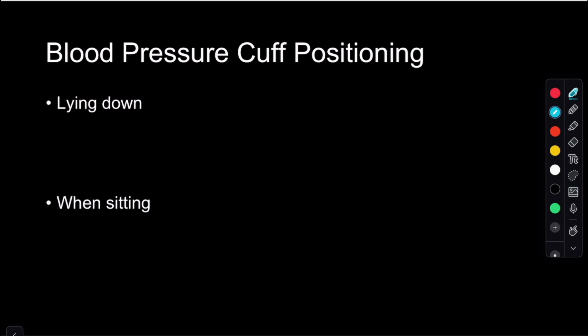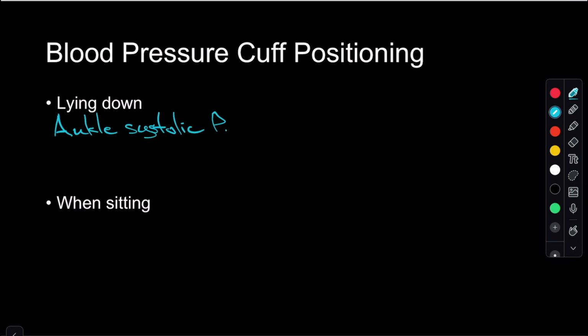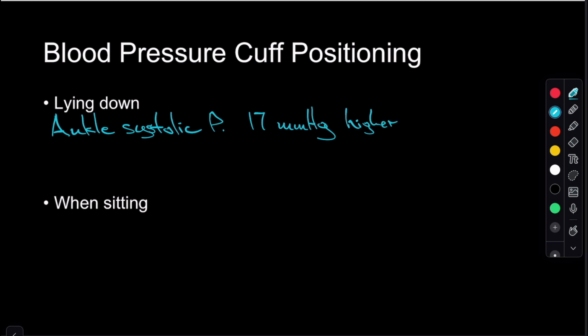Blood pressure can be affected by the position of the blood pressure cuff. So Nature released a review comparing blood pressures that were taken on the arm to blood pressures that were taken on the lower leg. They found that ankle systolic pressures were about 17, which is definitely significant, millimeters of mercury higher as compared to arm systolic pressures.